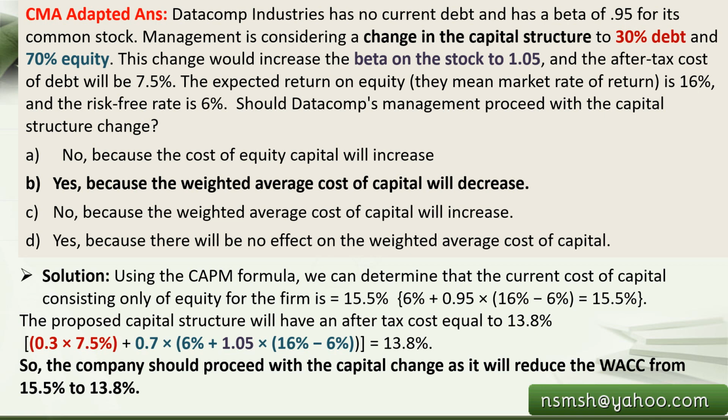So, option A is not correct, because the cost of equity capital will not increase. Let's understand how we calculate that. Using the capital asset pricing formula, we can determine that the current cost of capital, consisting only of equity, of the firm is 15.5%.